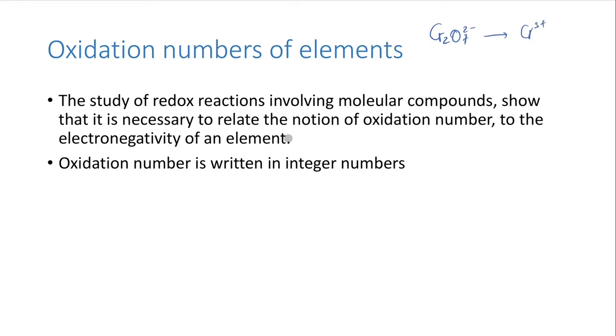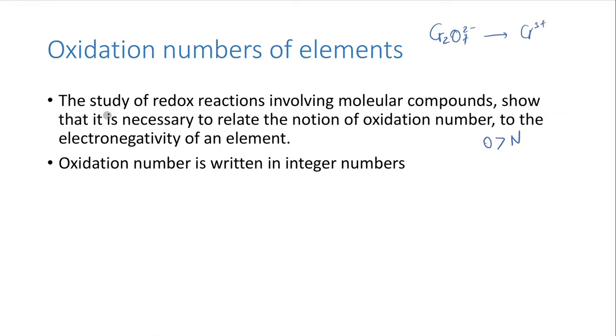Electronegativity is the capability of atoms to attract electrons more than other elements. Let's say oxygen has higher electronegativity than nitrogen; then in forming a covalent bond, oxygen can attract electrons more than nitrogen. That's what we mean by the electronegativity of an element.